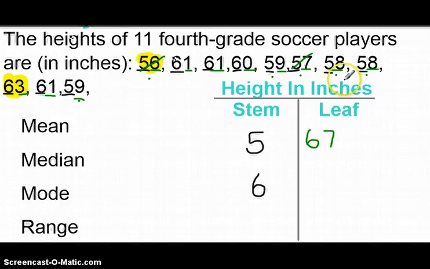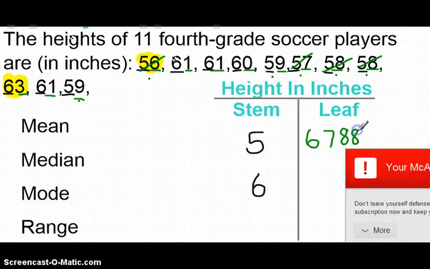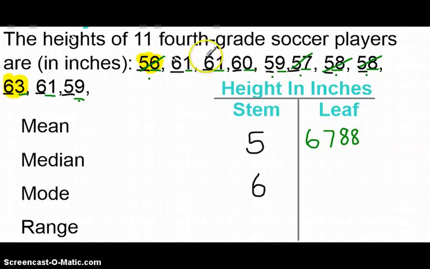After that we have 58 and 58, but we have it 2 times, so we need to write 2 8s. Next we have 2 59s, so again, we're going to have to do 2 9s.